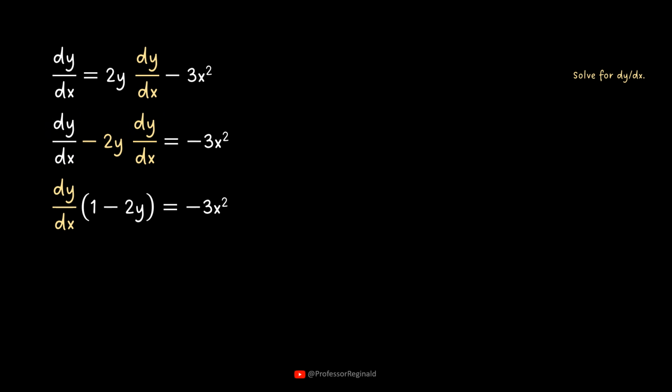And divide both sides of the equation by quantity 1 minus 2y. Therefore, dy dx equals negative 3x squared all over quantity 1 minus 2y.